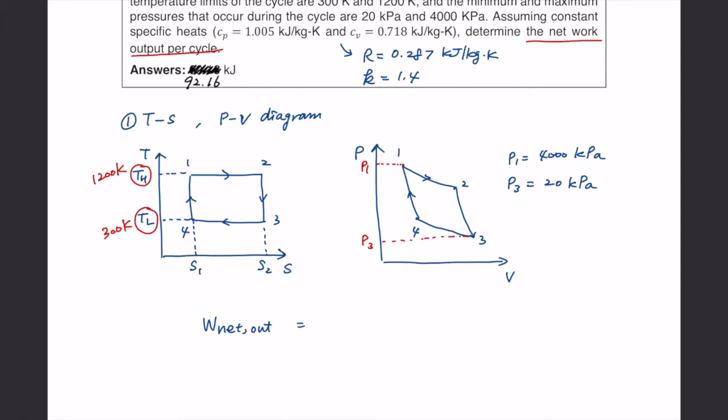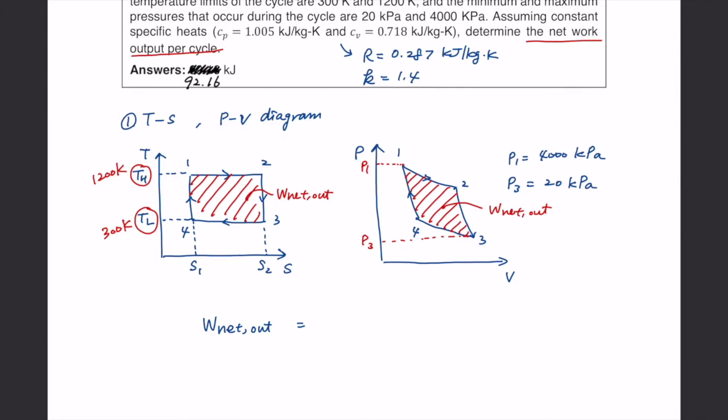Now, on the TS diagram, the net work is the area surrounded by the closed loop. That is net out. Same thing in the PV diagram as well. The area inside this closed loop is your net out.